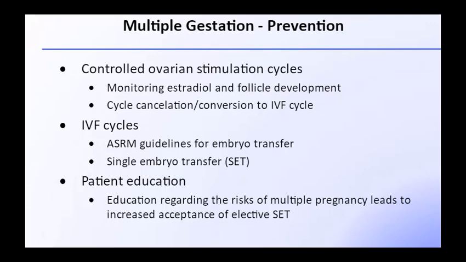In appropriately selected patients, single embryo transfer appears to be superior to double embryo transfer when taking into account the number of deliveries with at least one live-born child, incremental cost-effectiveness ratio, and maternal and pediatric complications. Education regarding the risks of multiple pregnancy leads to increased acceptance of elective single embryo transfer.